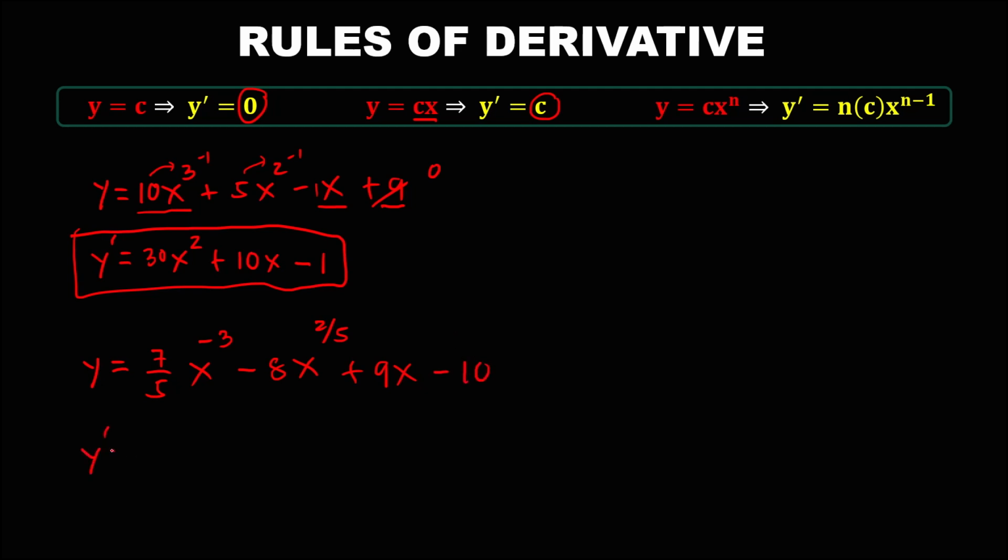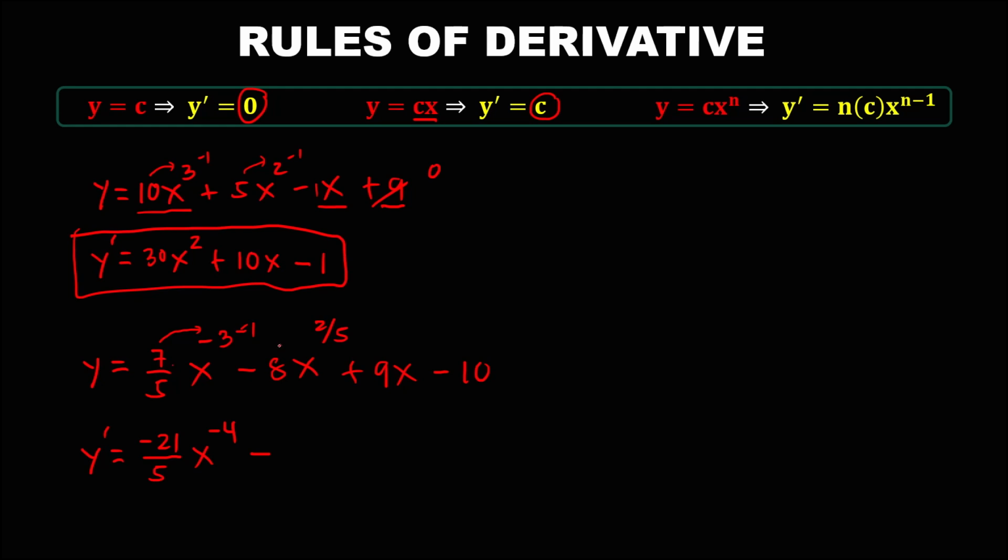To find the derivative, multiply this number to this exponent. So just multiply this 7 and negative 3. So 7 times negative 3, that's negative 21. Then copy the denominator 5. Then x with the exponent minus 1. So negative 3 minus 1, that's negative 4.